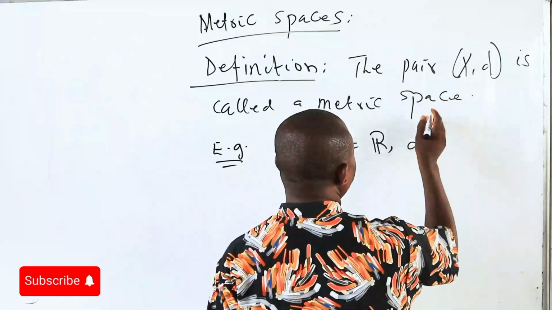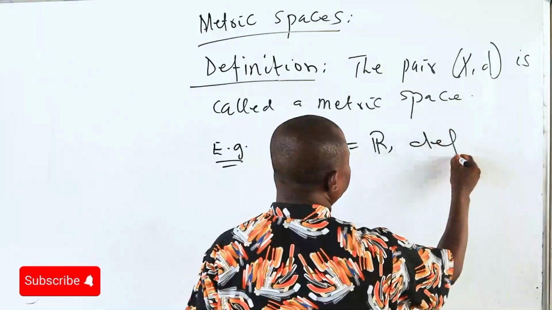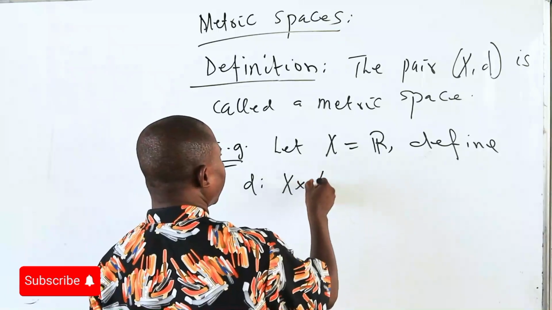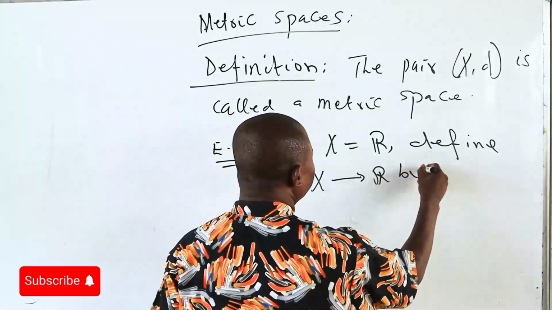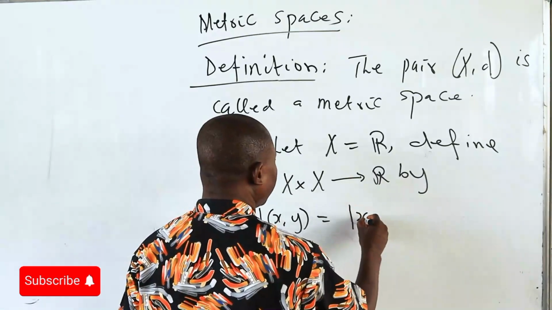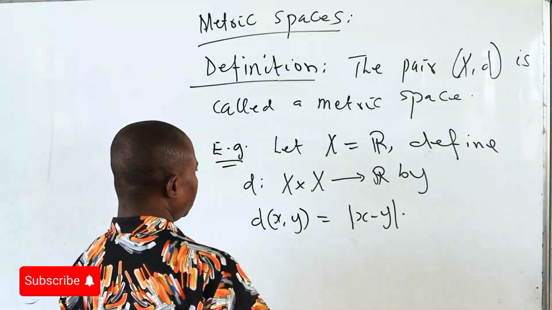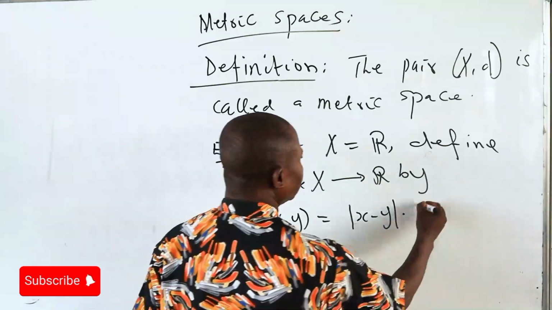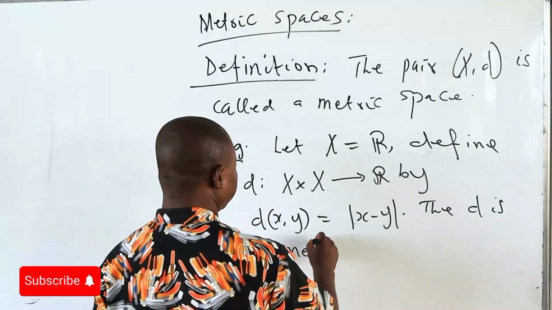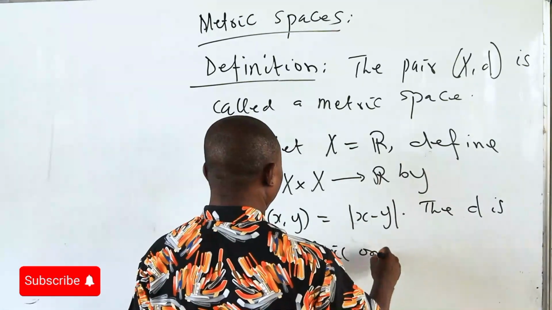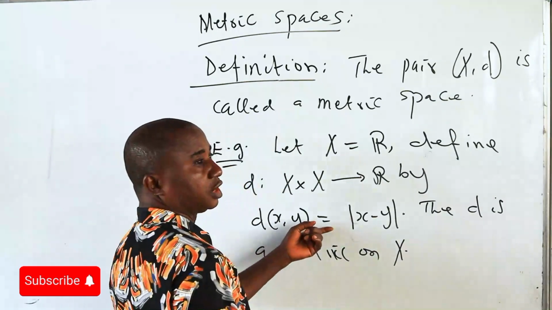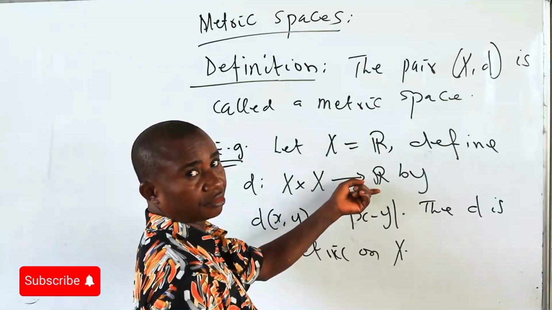And we define d on X cross X into R by d(x, y) equal to the absolute value of x minus y. Then d is a metric on X. We call this the usual metric on the set of real numbers.